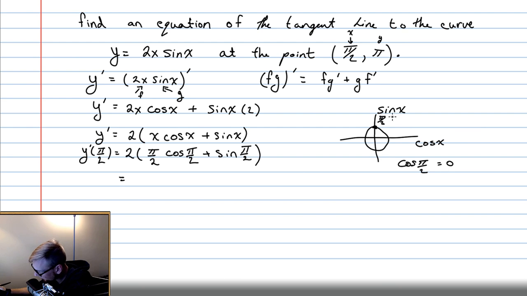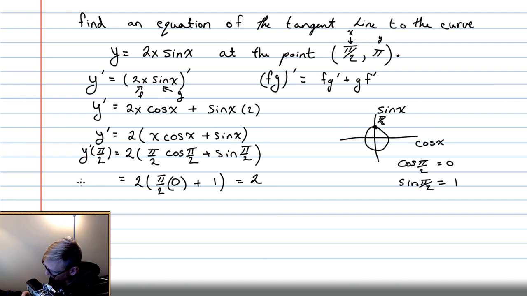And sine of pi over 2 is at its peak, that would equal 1. So we've got 2 times pi over 2 times 0 plus 1, which just gives us 1. The y prime of pi over 2 is 1. Slope of the tangent line at that point is 1.